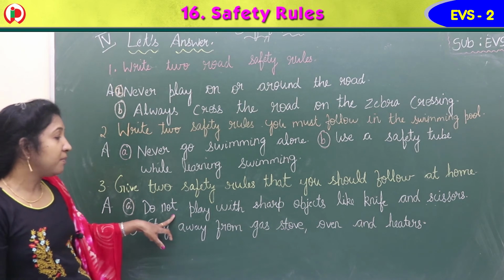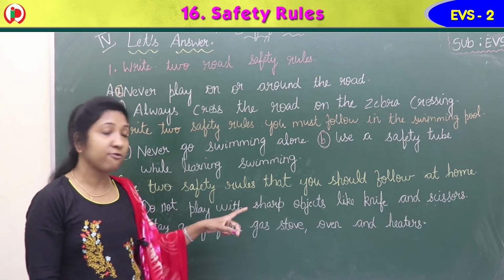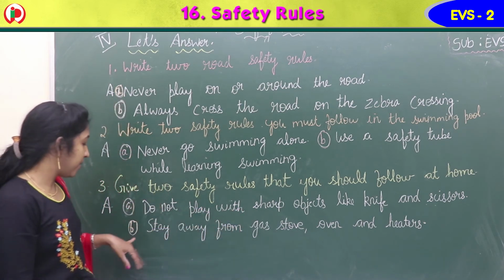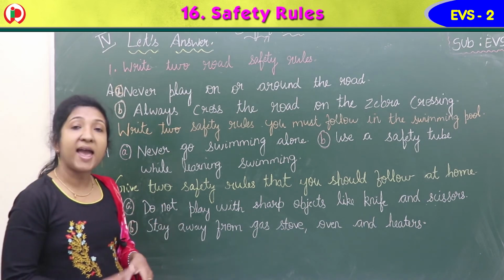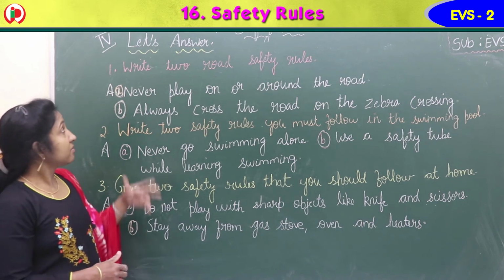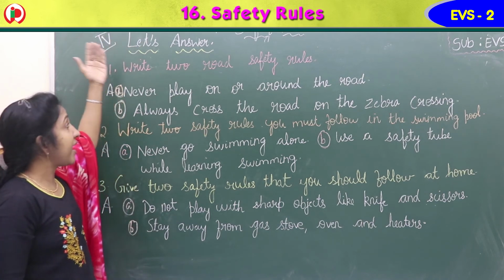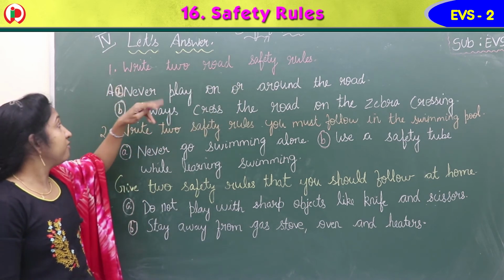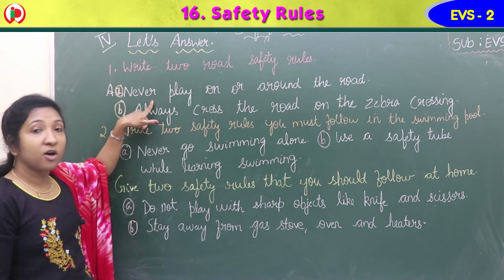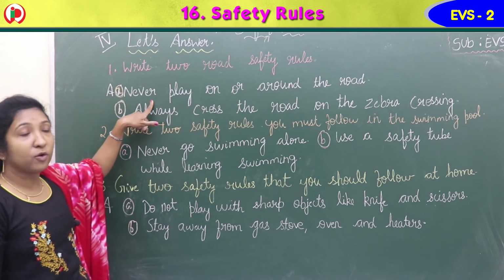First one, do not play with sharp objects like knife and scissors. Full stop. B. Stay away from gas stove, oven and heaters. So first question, write 2 road safety rules. Safety rules on road. First one, never play on or around the road.